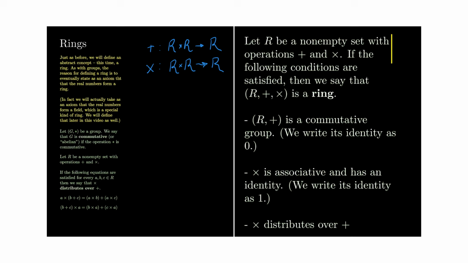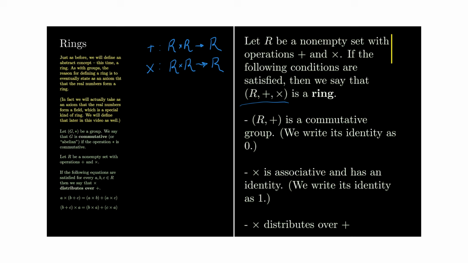And so we say that this set R, together with its plus and times operation in that order, right? The plus and times will have different restrictions, so it's important to distinguish which ones we're imposing these conditions on.